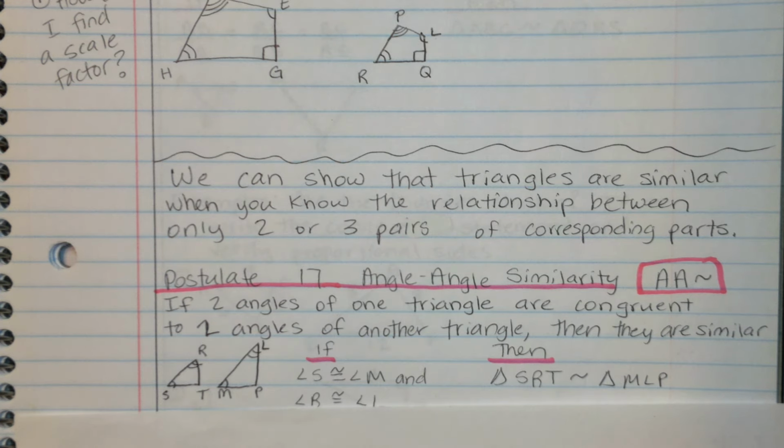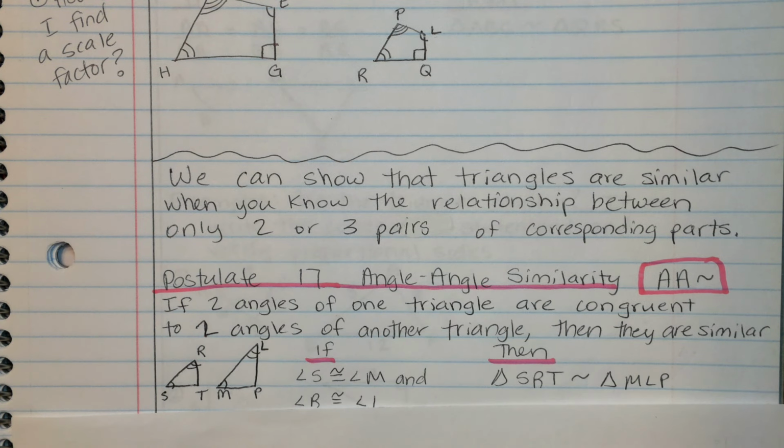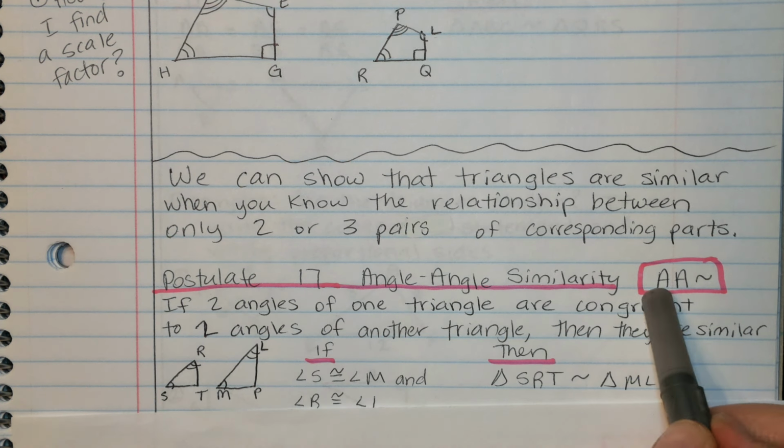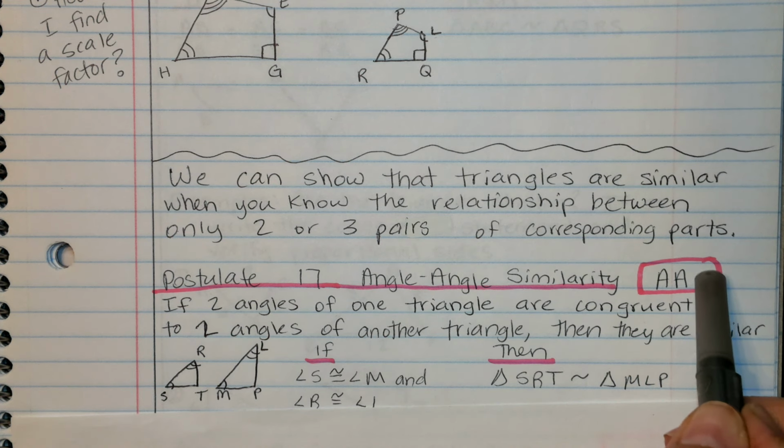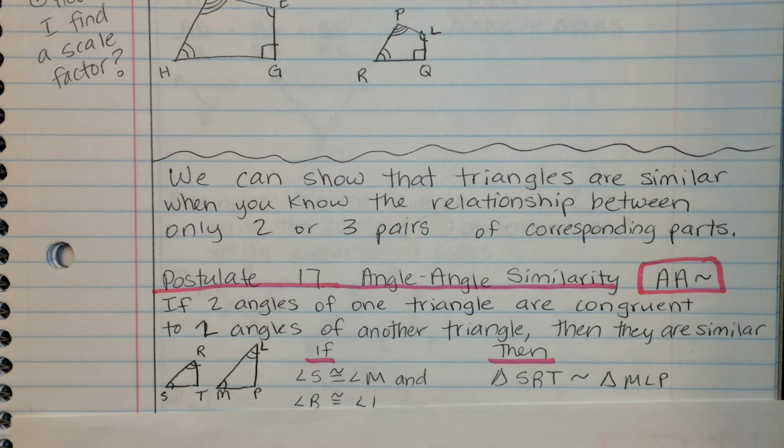So here's our first one, postulate 17, angle, angle, similarity. And we'll write it like this on homeworks and in notes, AA, and then this little squiggly line is a similarity. It's the symbol for similarity.